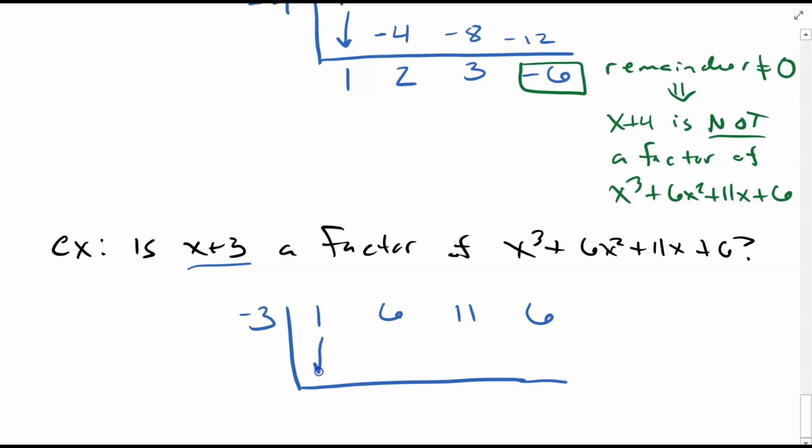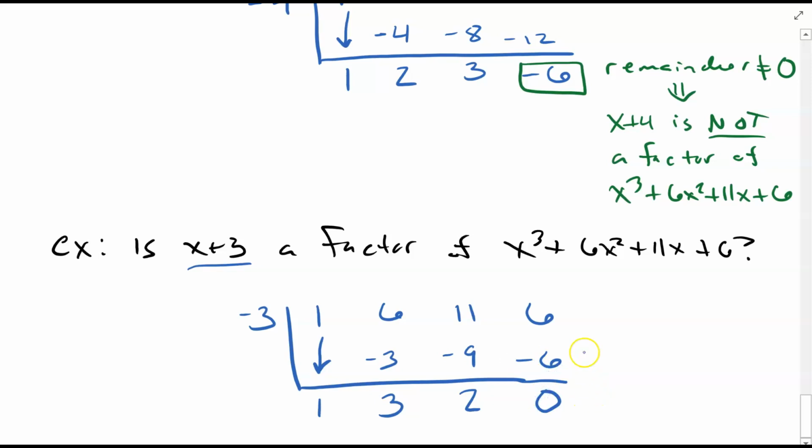And then we'll just start by bringing that first number down. -3 times 1 is -3. I add down, giving me +3. -3 times +3 is -9. I add down, giving me +2. And -3 times +2 is -6.